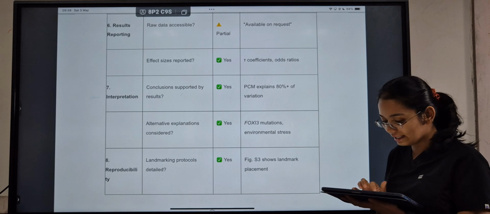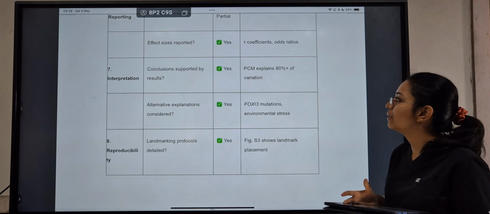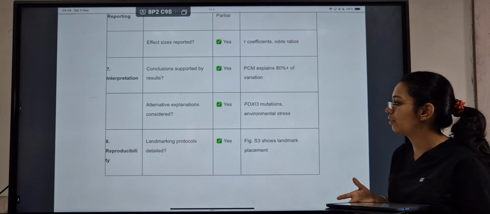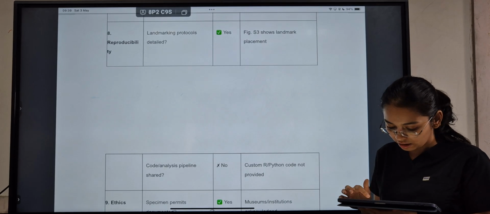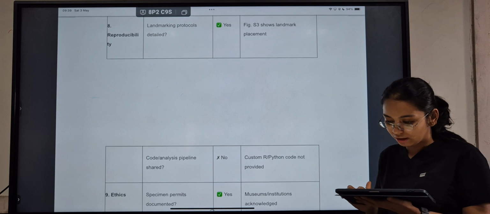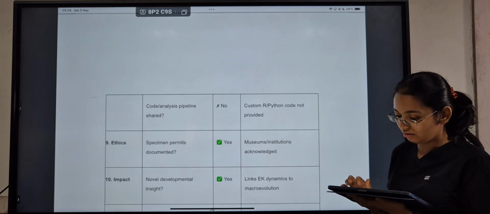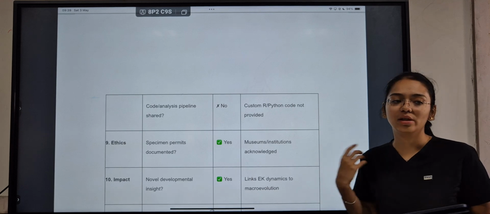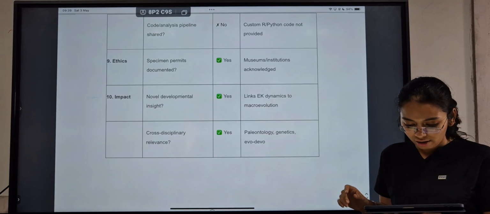And otherwise the interpretation was really good. It explained 80% of the variation, and the mutations and environmental stress were all addressed. Reproducibility pertaining to the landmark placement can be done, but the custom Python code which they used was not provided, since they said it's only available on request.